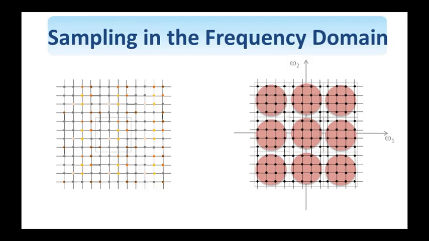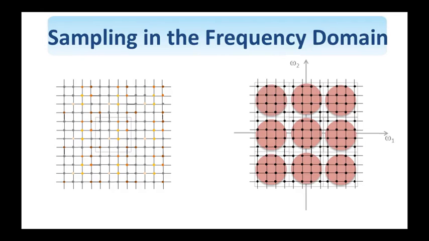So we see that a periodic discrete spectrum corresponds to a periodic discrete two-dimensional signal. Of course, the density of sampling in the frequency domain will determine the period in the periodic extension in the spatial domain. If I undersample in the frequency domain, aliasing will take place in the spatial domain.